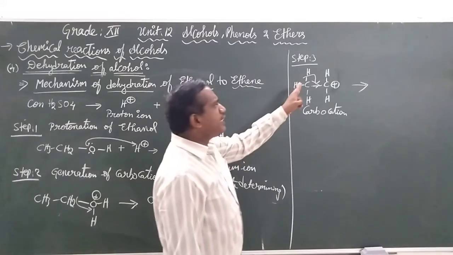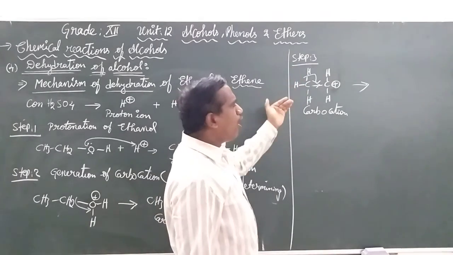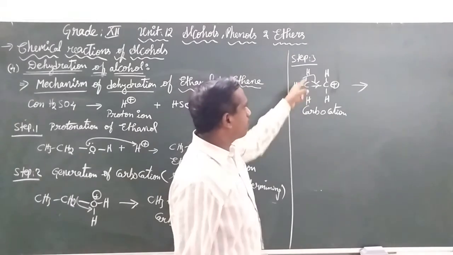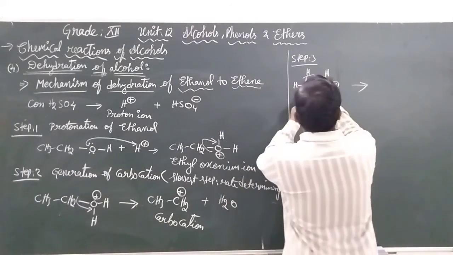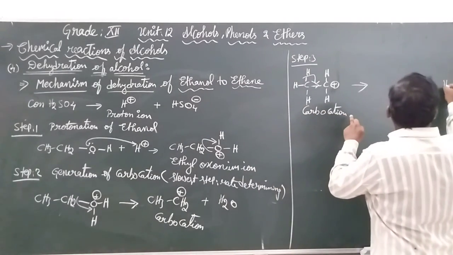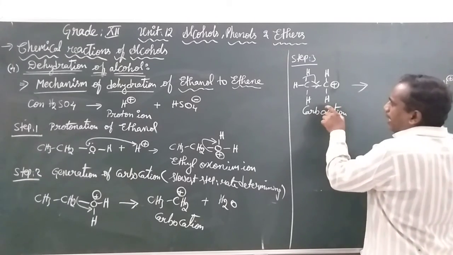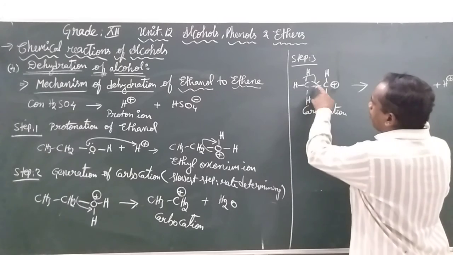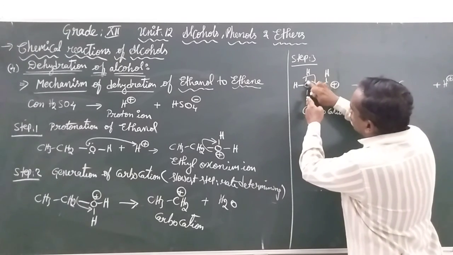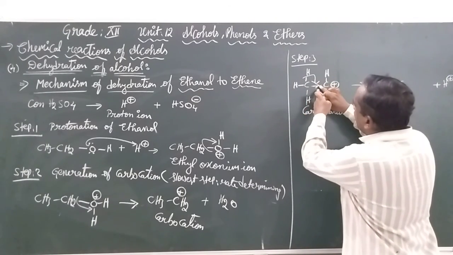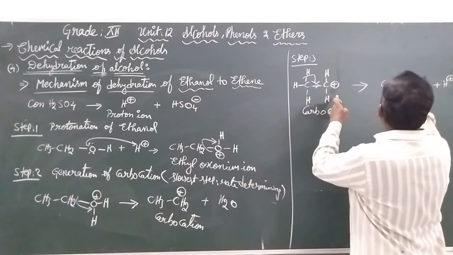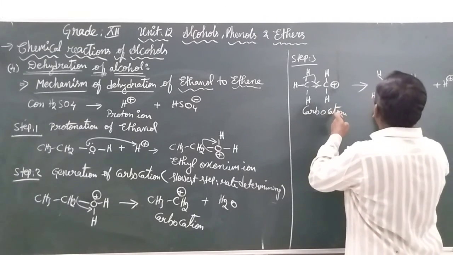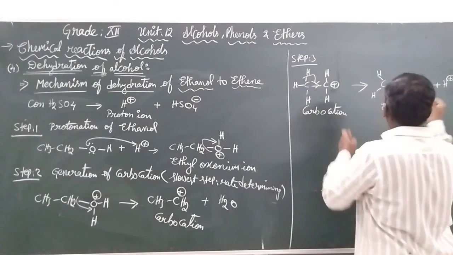So a bond is drawn from the carbon, and that is bonded with any of the 3 hydrogens. The H plus is removed from this carbocation, generating a new double bond. These 2 electrons will be bonded between the 2 carbons forming a double bond, and each carbon has hydrogens on it. So that is what we call ethene.